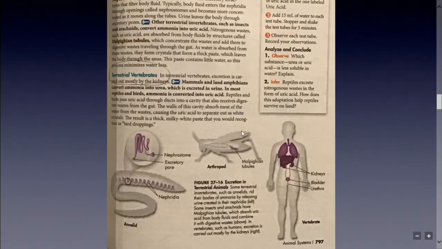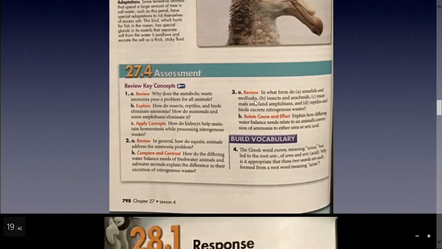Well, we didn't talk about what structures they use, so it's okay. You don't have to talk about those. But just say that the ammonia is converted into uric acid. You could mention that it's combined with digestive wastes too.